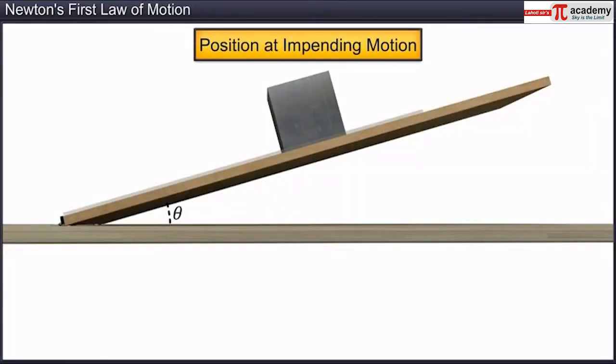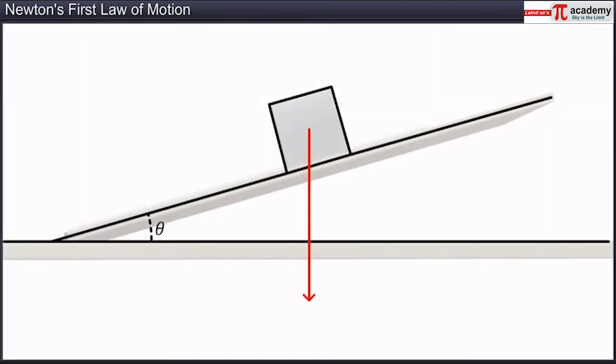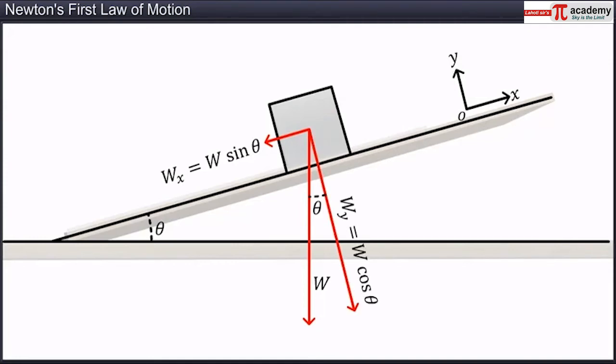We now have to identify the external forces acting on the iron cube. W Newton is the weight of the iron cube acting vertically downward. On resolving this force, W, along the x and y directions, we get Wx is equal to W sin theta and Wy is equal to W cos theta.